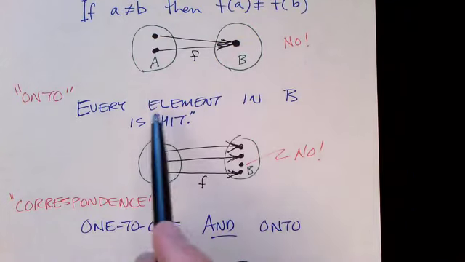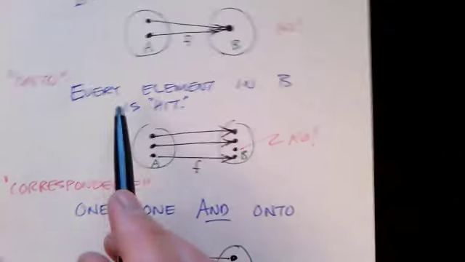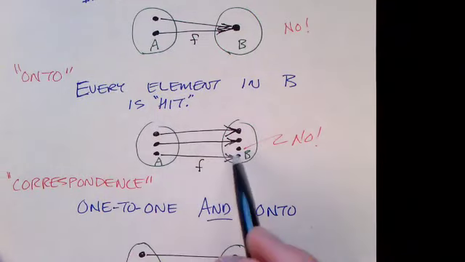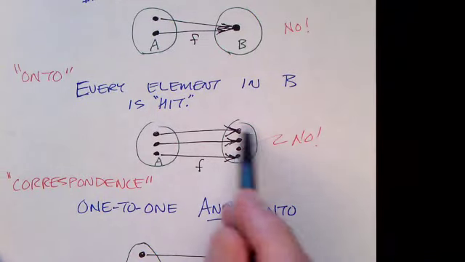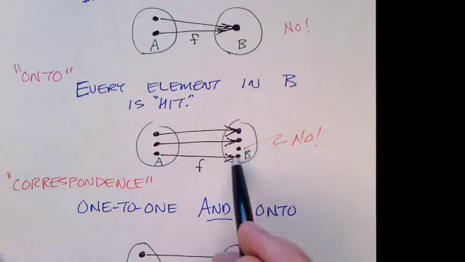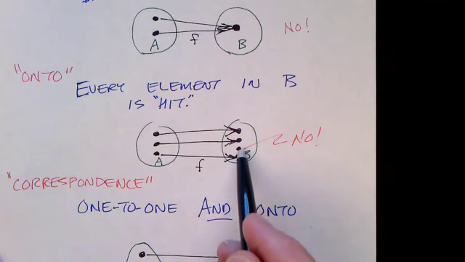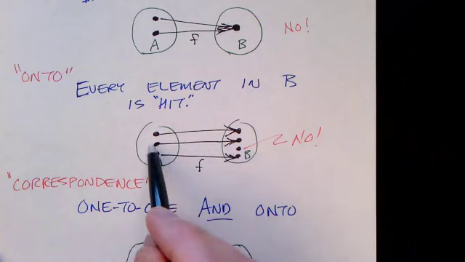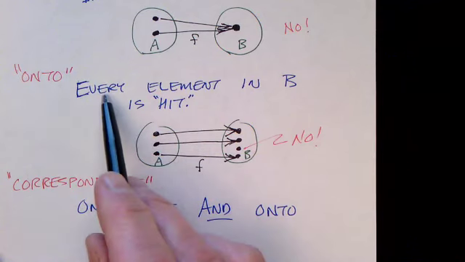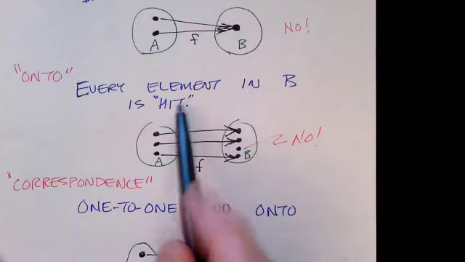Now that's one-to-one. Onto is something similar. In that case, we look at all the elements in the range. Remember, A is the domain, B is the range of f. And we look at all the elements in the range in set B, and we make sure that every one of them can be reached from an element in A. So we could say it this way: every element in B is hit.